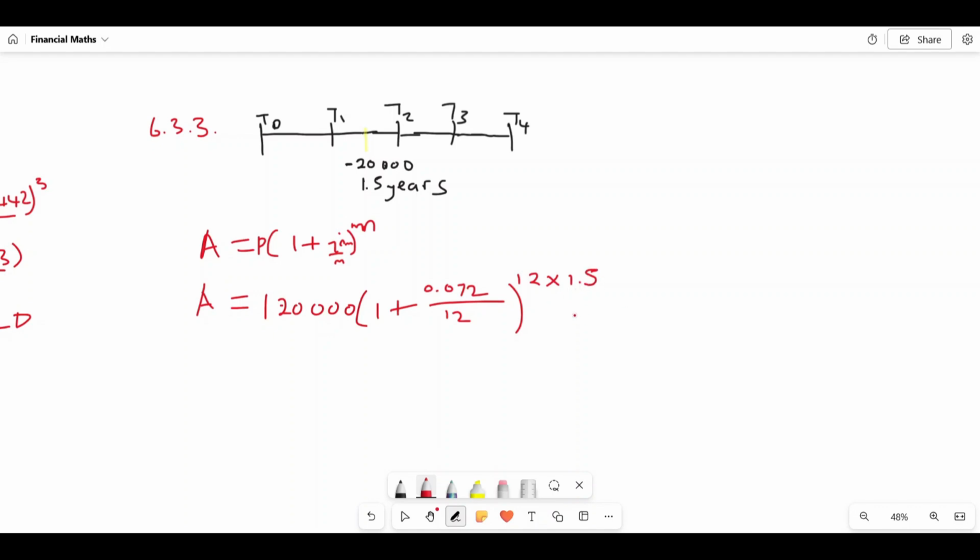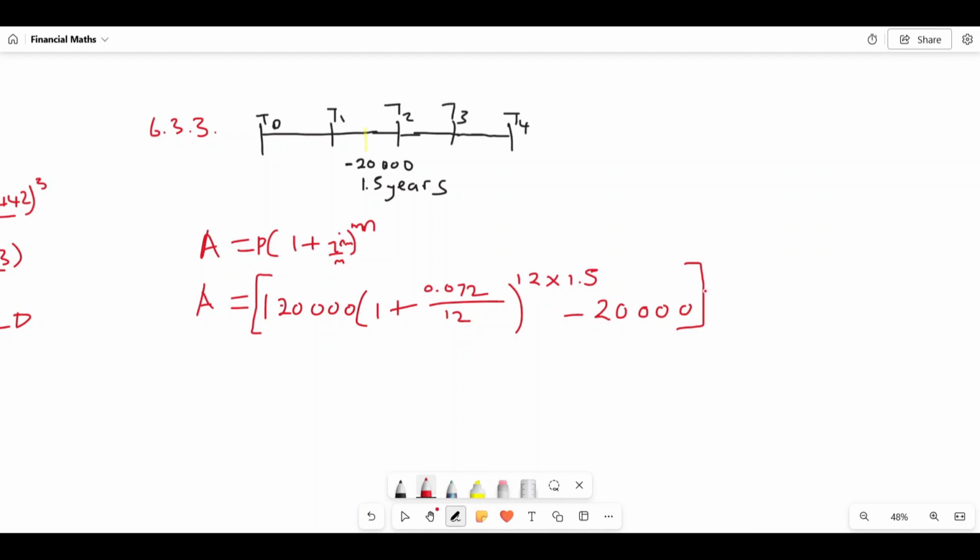And then at the end of the 1.5 years, which is 18 months, we are withdrawing 20,000. Right? So this here will give us the value of the investment after 1.5 years, given that 20,000 has been withdrawn.